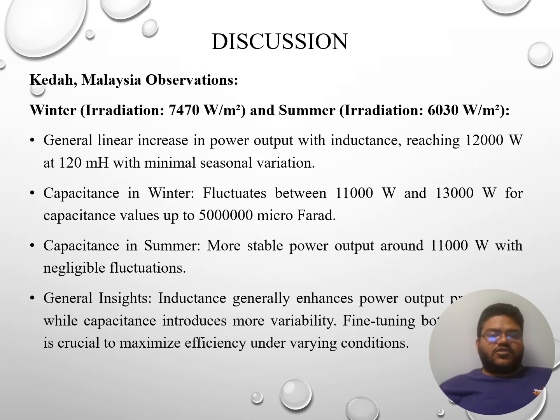Also in Malaysia, we have seen that inductance plays an important part in the variation of the output, whereas capacitance showed very negligible fluctuation. The same reason applies, because in the MPPT charge control circuit, the capacitor's role is not to vary the output.